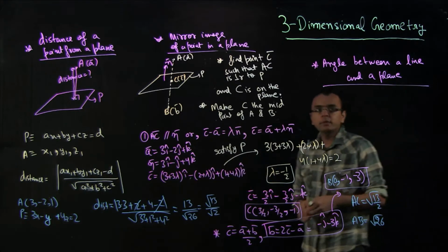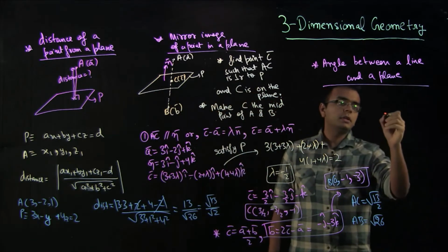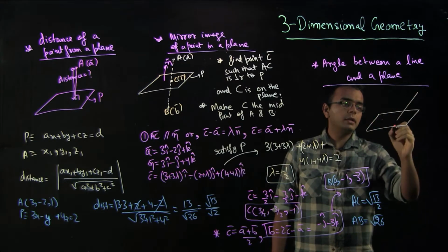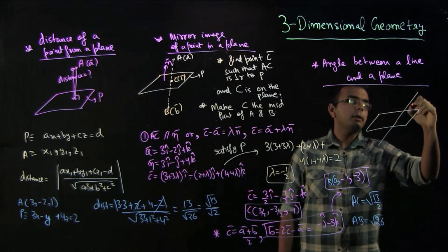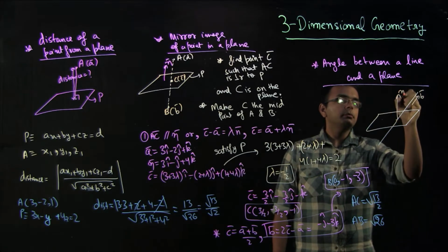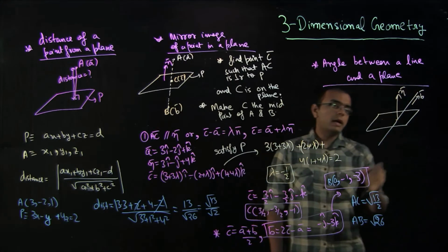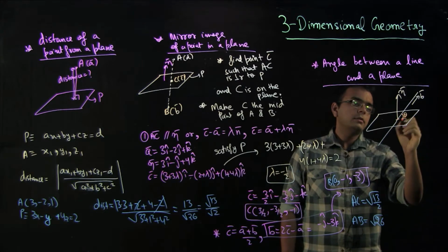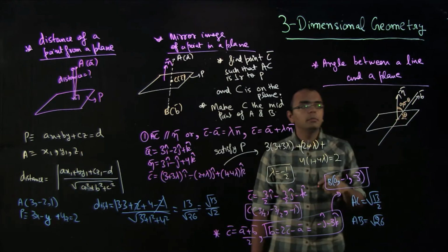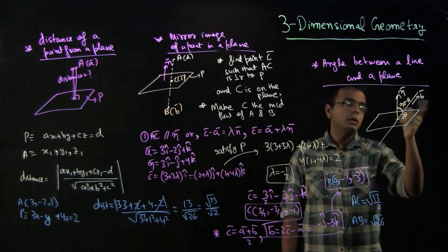So last thing, a very quick thing, is the angle between a line and a plane. For that, it's not very difficult to see that there will be a line, let's say, which will have a parallel vector b, and there will be a plane, which will have a normal vector n. So the angle between the line and the plane, theta, then 90 minus theta would be the angle between the normal vector and the parallel vector.